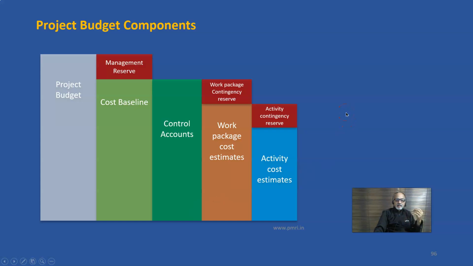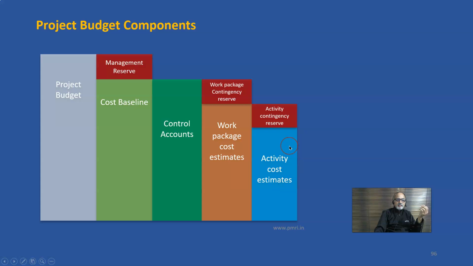Now let us try to understand the components of a budget. At the lowest level, it is the activity cost estimate. We should know exactly how much each activity is going to cost.